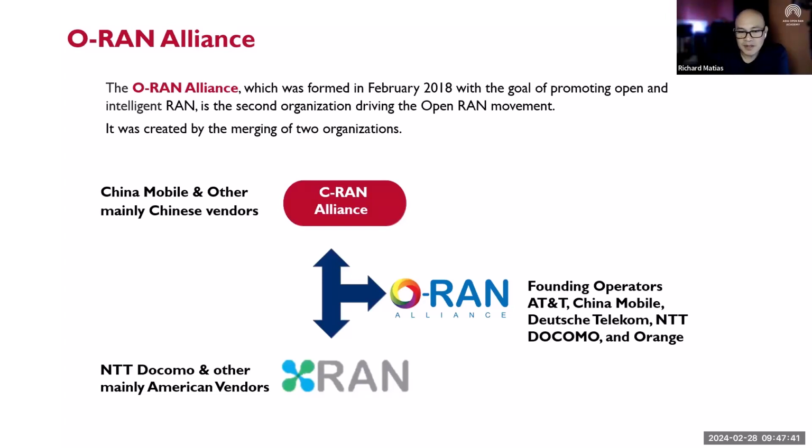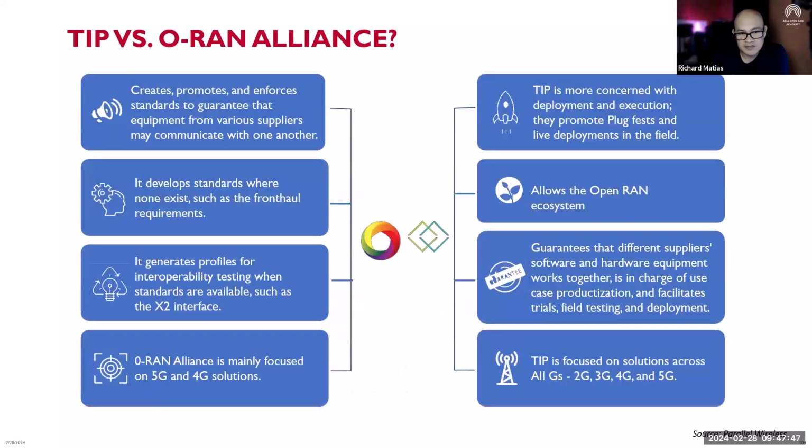If you compare TIP and the O-RAN Alliance, what are the differences between them? Well, O-RAN Alliance creates, promotes and enforces the standards like 3GPP. If you want to look at the different standards, you go to O-RAN Alliance. They are the ones creating the standards. If you want more on the deployment and execution, the Open RAN ecosystem, or guaranteeing or certifying the suppliers, this is the task of the Telecom Infra Project, or TIP.